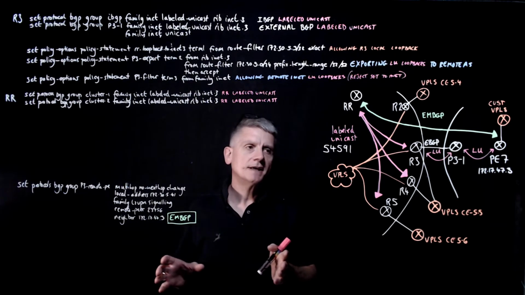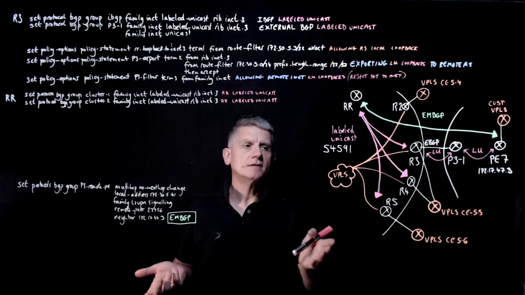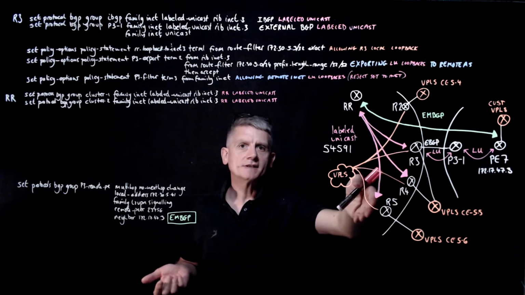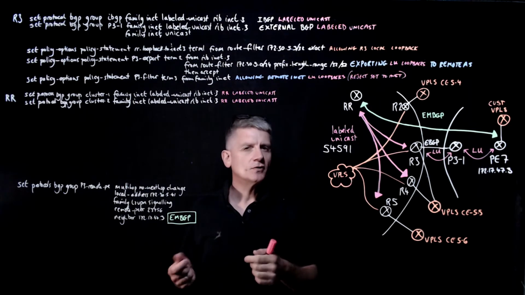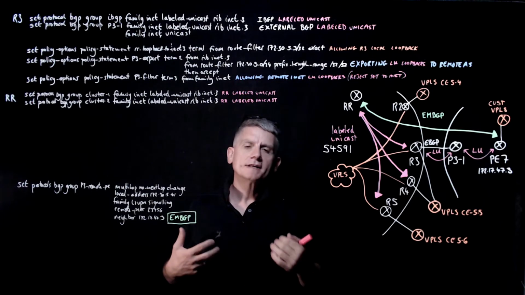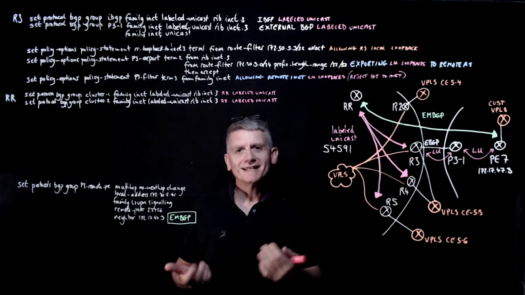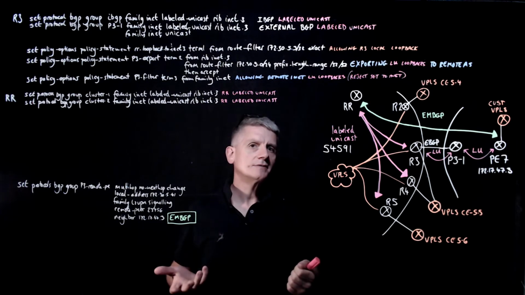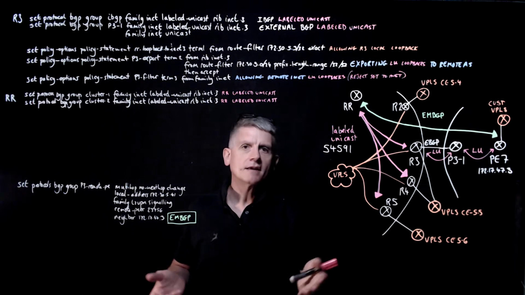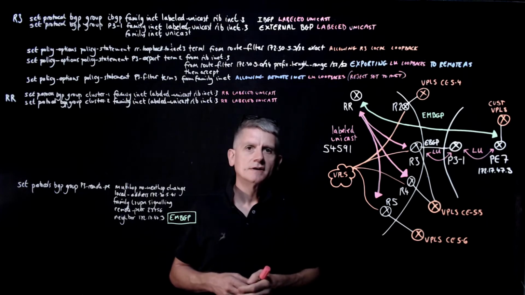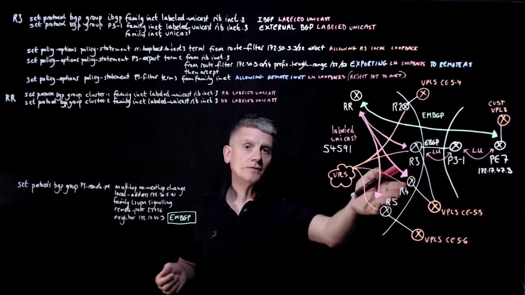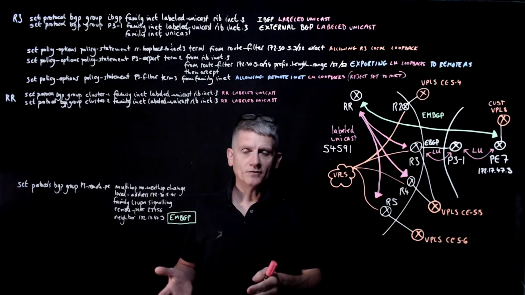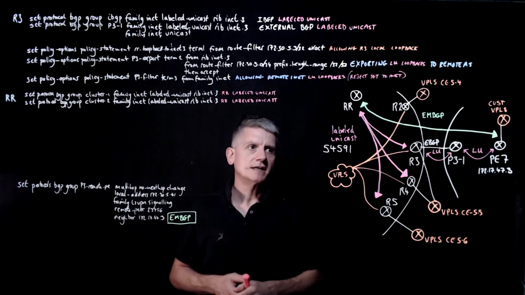And those LSPs, which are fully meshed in this example, are going to be to every single PE, except of course itself. Router 3 doesn't see its own loopback as the destination of an LSP because of course it isn't. Consequently, router 3's loopback in router 3 isn't in the inet.3 table, in the same way that router 4's loopback in router 4 also isn't in the inet.3 table.